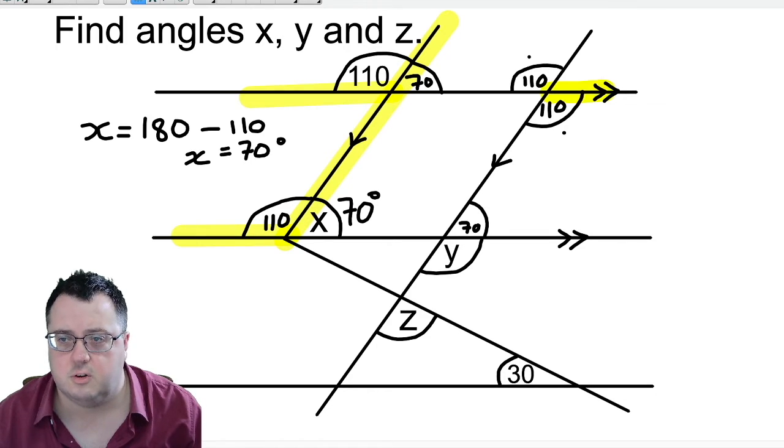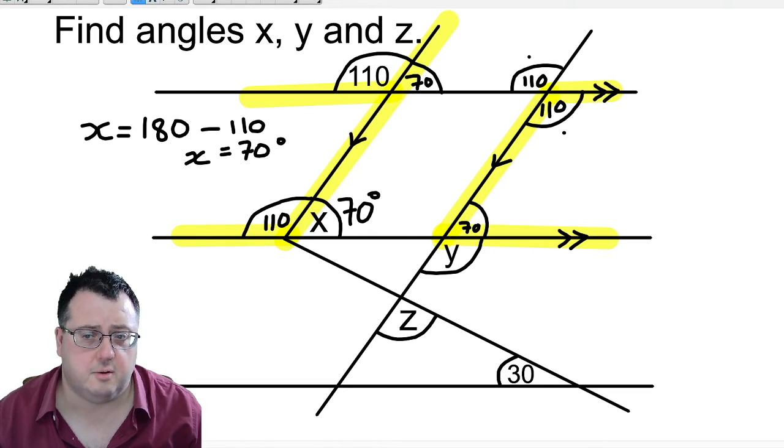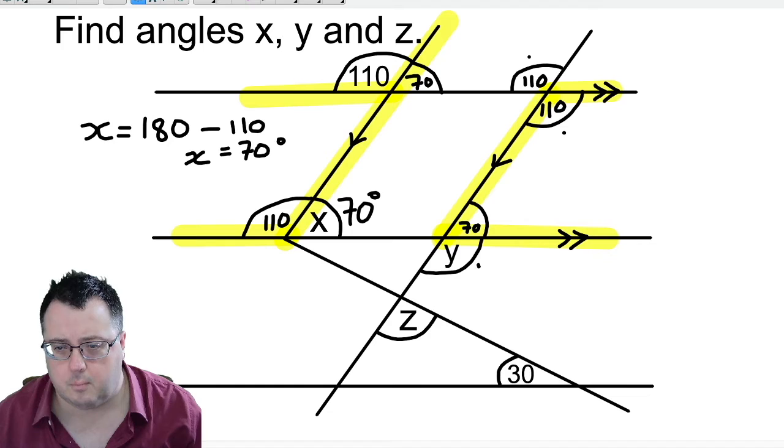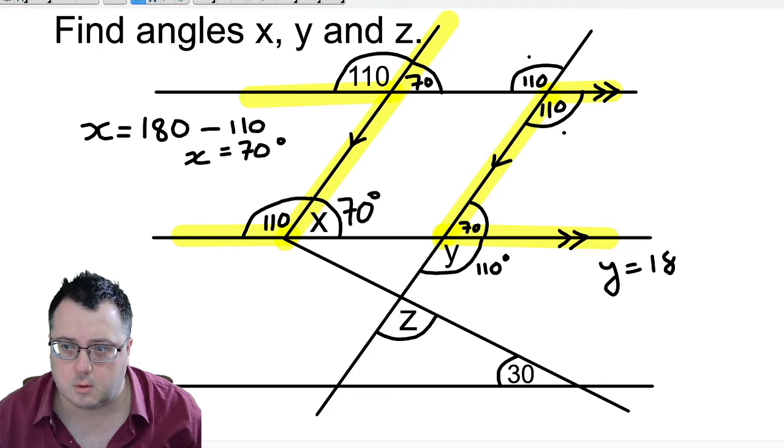I'll just show you that there. So that means that y also has to be 110. Why? Because 180 minus 70 is 110.